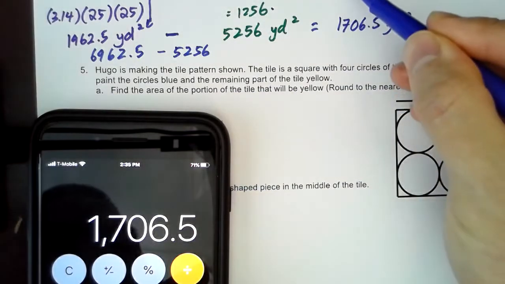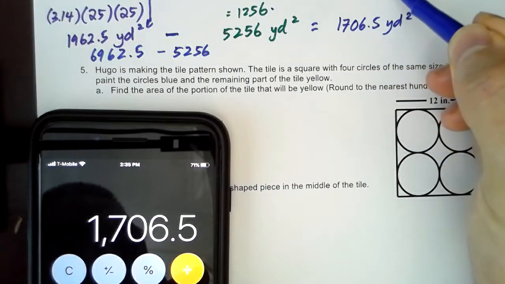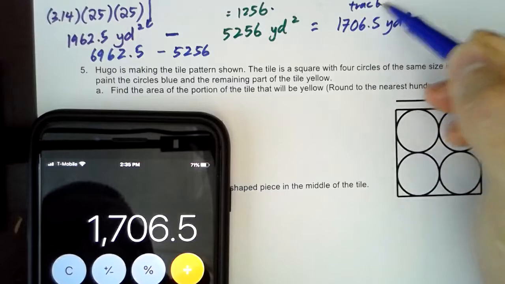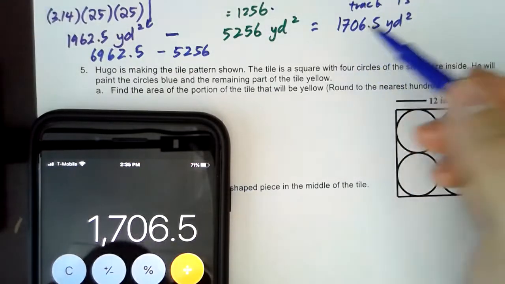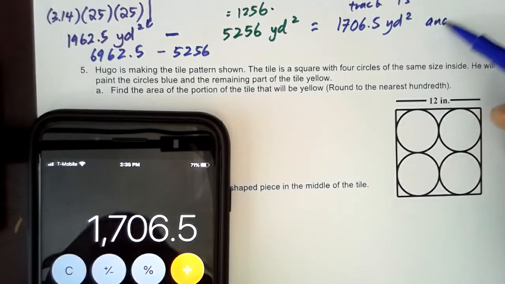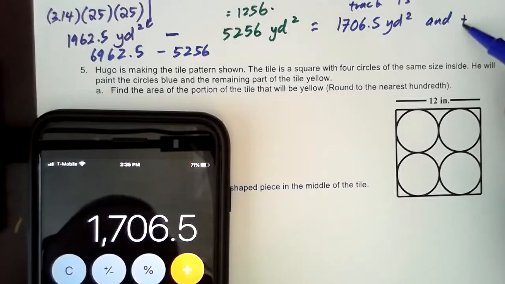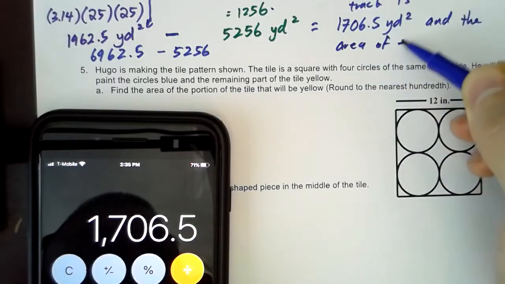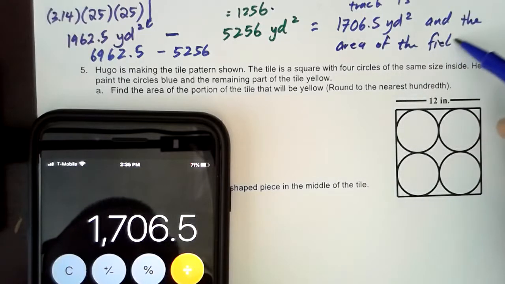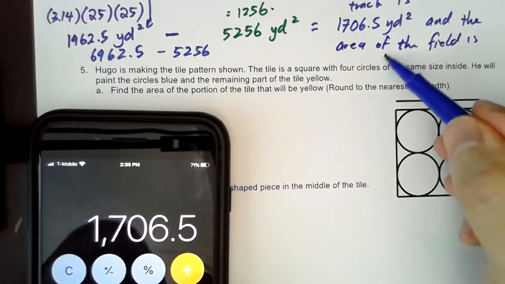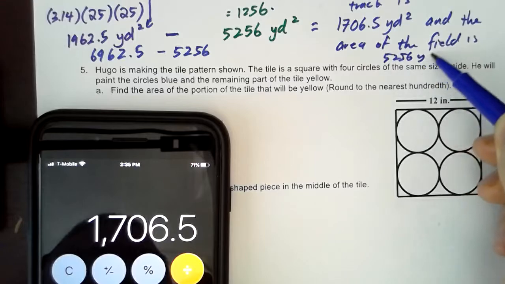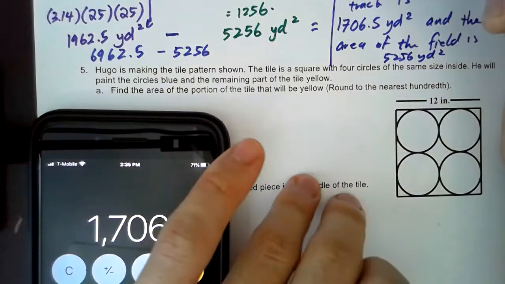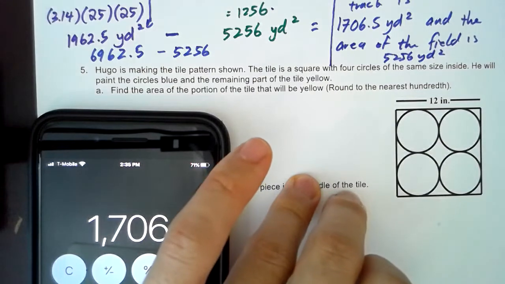So the area of the track is 1706.5 yards squared, and the area of the field is 5256 yards squared. Okay, they asked us two separate questions, so it's only proper if we answer both of them.